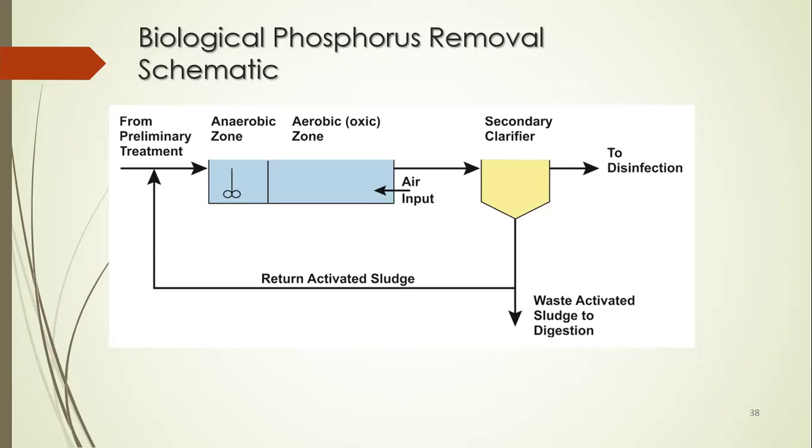So aerobic bacteria is the bacteria that can decompose or break down the organic substances into inert byproducts in the presence of oxygen. In the phosphorus removal processes, or rather nutrient removal processes, we tend to use a combination of both anaerobic and aerobic zone.